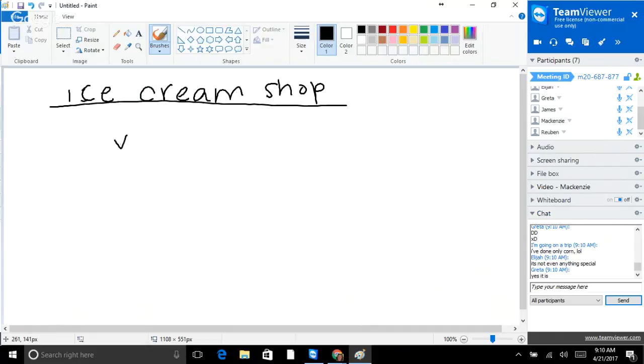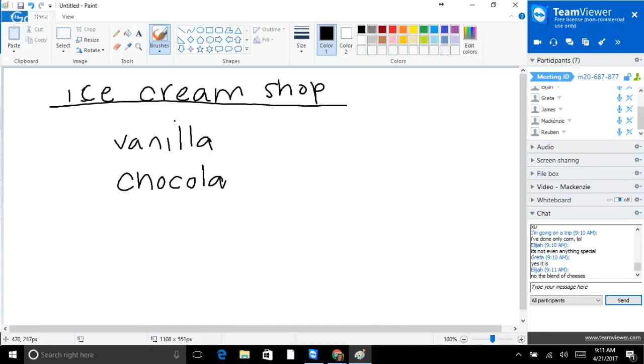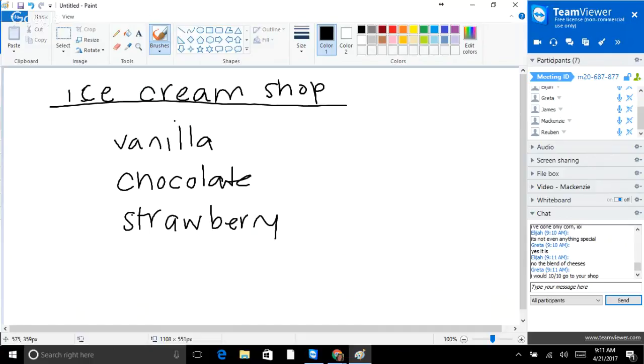We carry vanilla, we carry chocolate, and we carry strawberry. Okay, strawberry, if I can spell right. All right, so those are our 3 flavors, and you can either get them in a cup or a cone. So just to warm our brains up, how many combinations of ice creams could we get at my awesome generic ice cream shop?